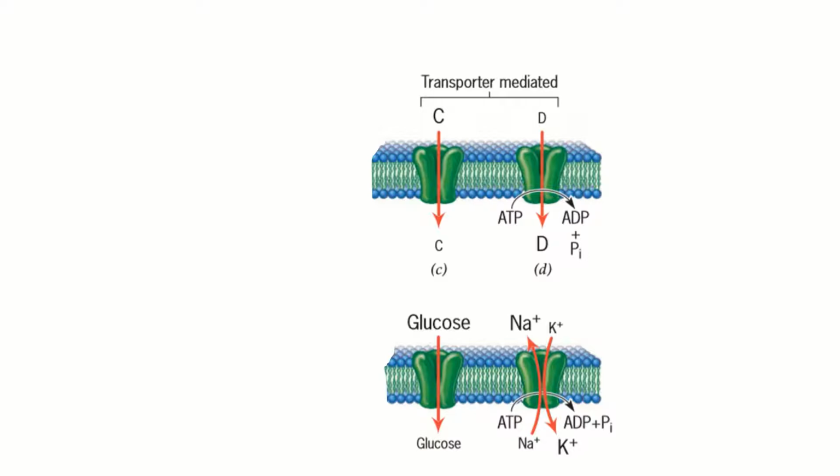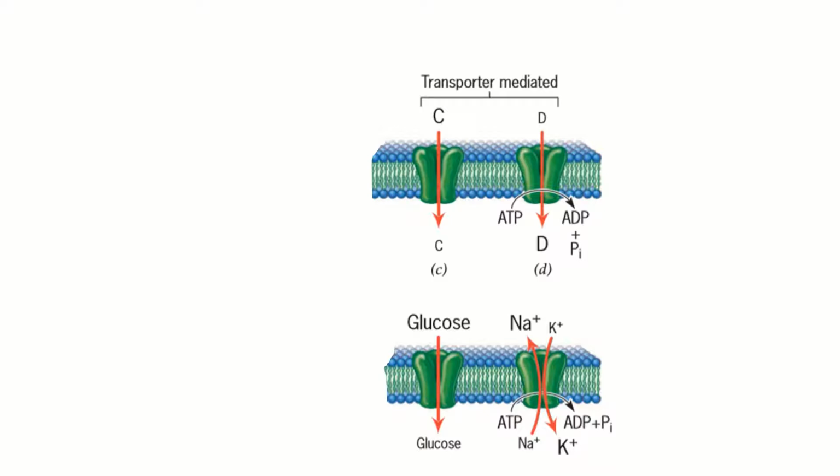It's not really open all the time, meaning to say it can open or close depending on whether it needs to when the molecule C is present. Nevertheless, this doesn't require energy because this is similar to simple diffusion.